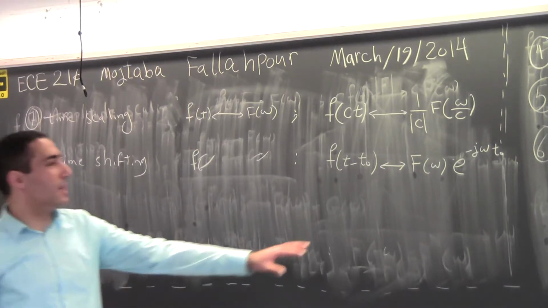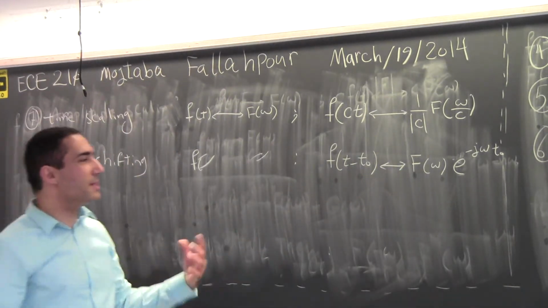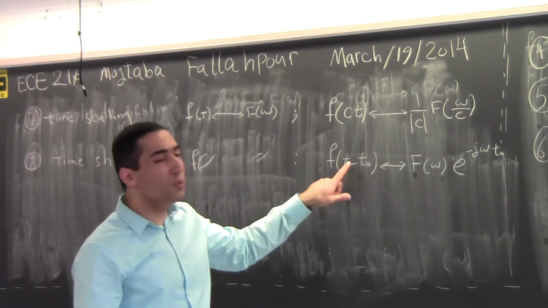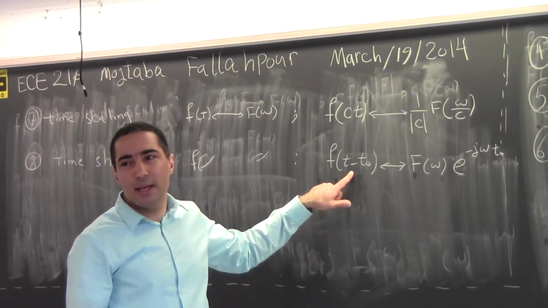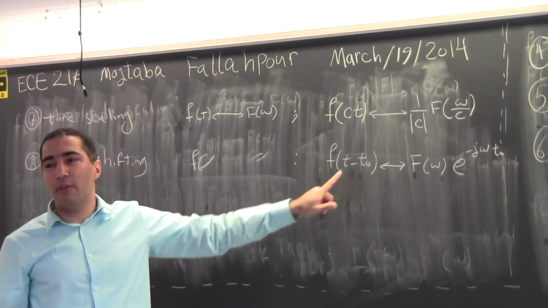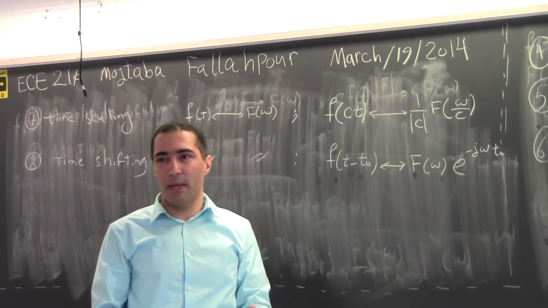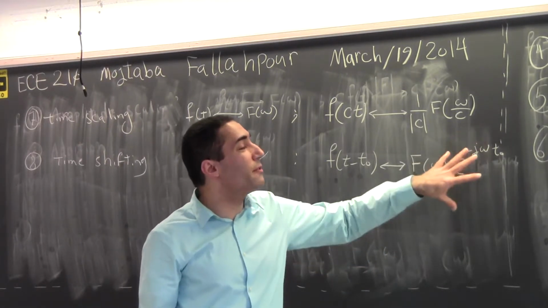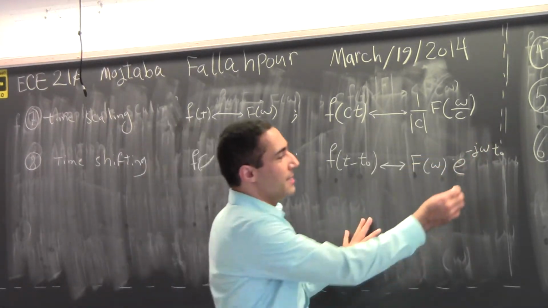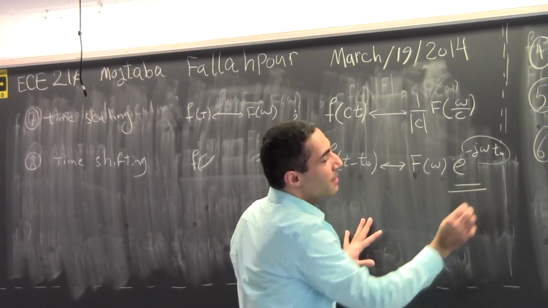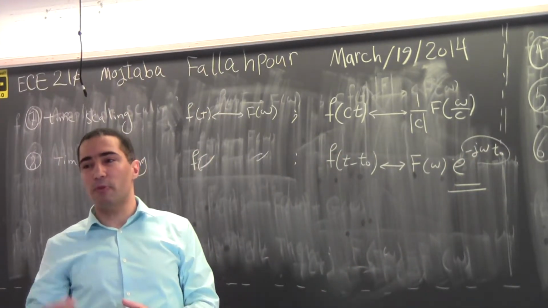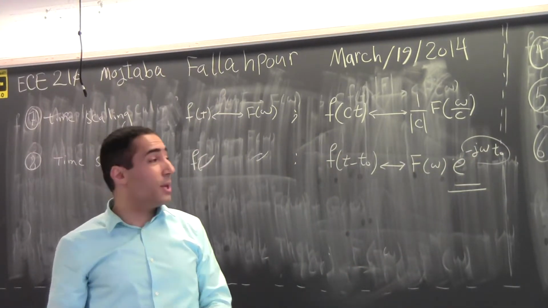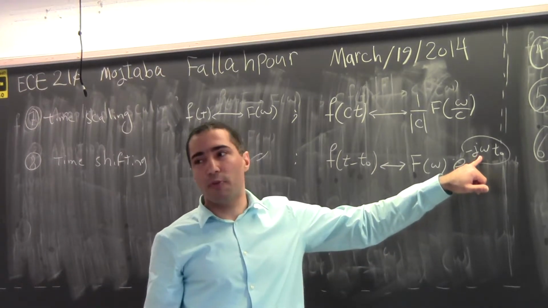It's very useful. What it's trying to tell you is that if you do a time delay, if you delay your signal in time, in the frequency domain you're shifting the phase of the signal. This exponential term does not add or remove from your magnitude. The only thing it does is change your phase.